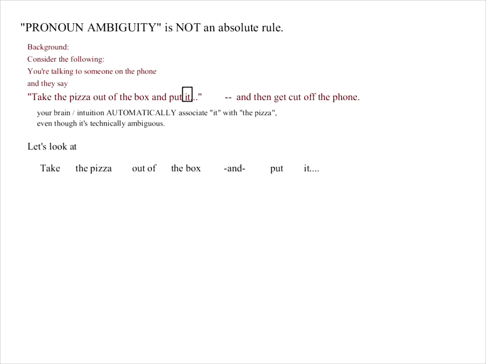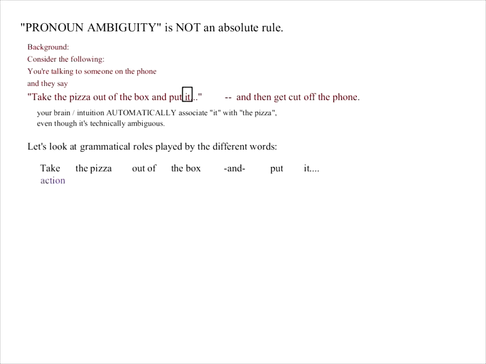Let's look at grammatical roles, which is probably a better way to say this. Let's look at grammatical roles played by the different words. Okay, so if we look at what these things are doing in a sentence, a couple of you have nailed this.